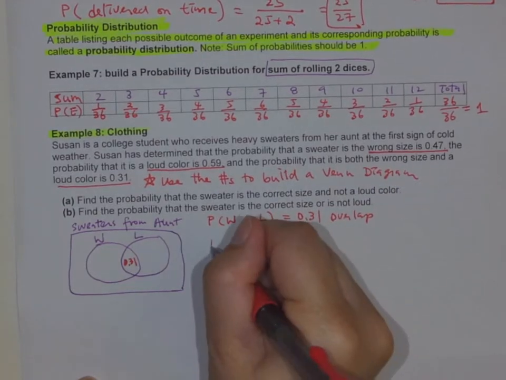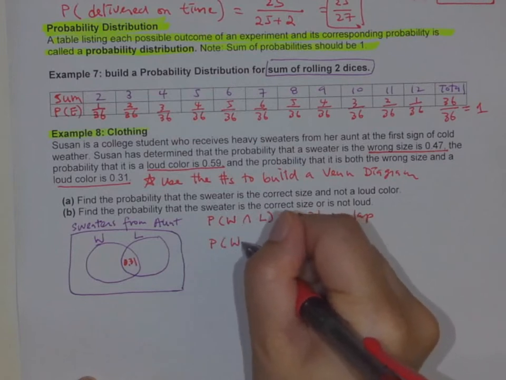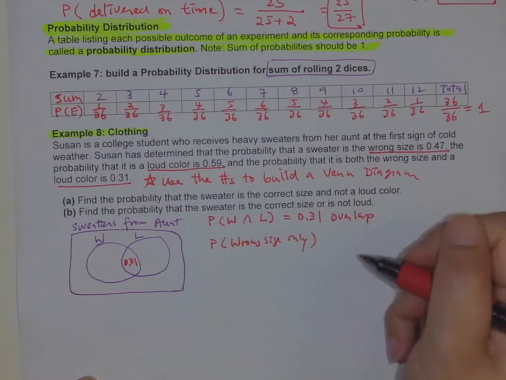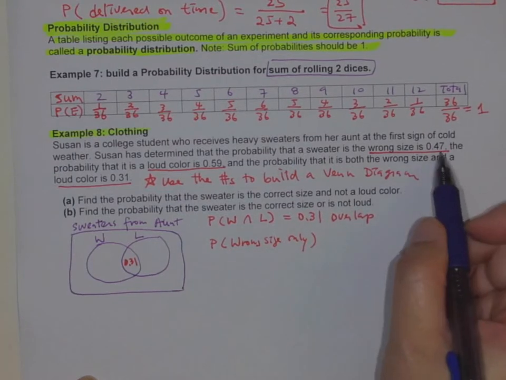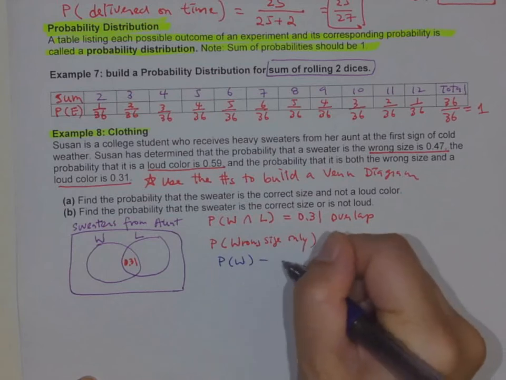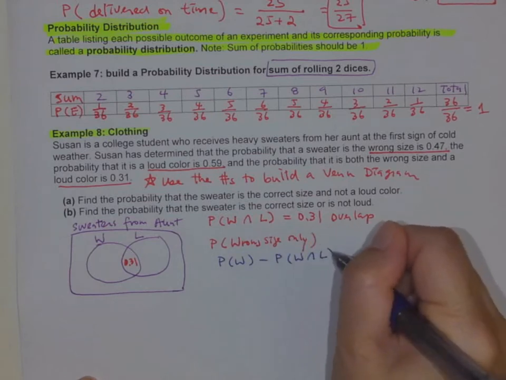How about the probability of wrong size only? So that part, you need to use the wrong size probability, subtracting the overlapping part, both wrong size and loud color.